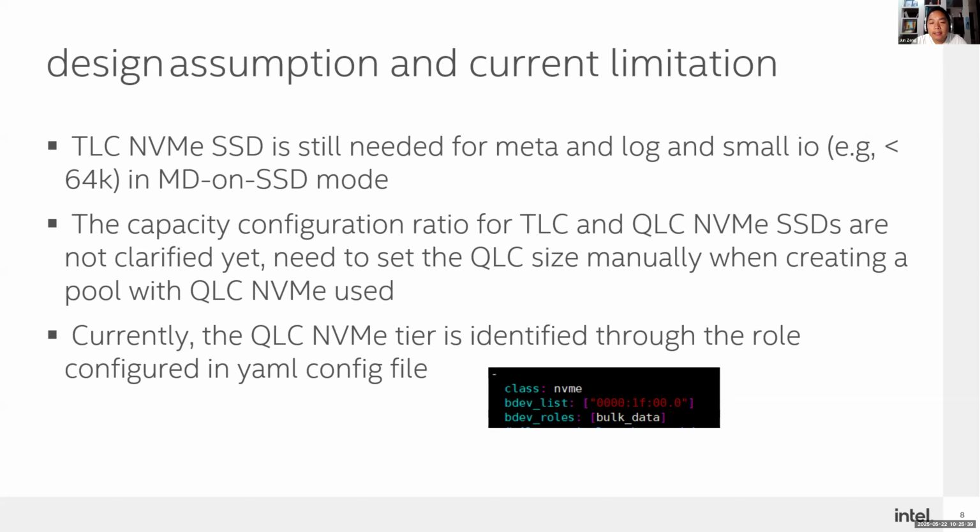It's also an option to set the QLC size to 0 in order to not use the QLC tier. The last point is that when we deploy DAOS with QLC NVMe, currently we just identify it through the raw config in the config file, as shown here.